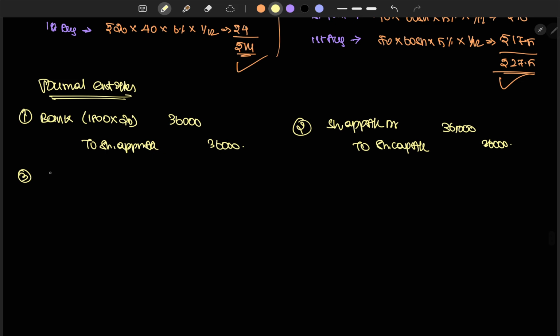3. First we have to allot shares, right? Share allotment account debit to share capital account, to securities premium, right? We are receiving a securities premium at the time of allotment.